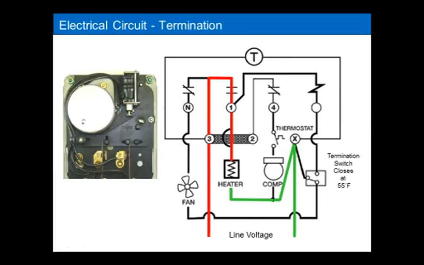So let's show you that in operation. So I've got to put voltage to this switch right here to cause these sliders to move, to break the heating circuit and make the refrigeration circuit. So when that switch makes, that solenoid is energized. When that solenoid is energized, it shuts the heaters off and it brings on my compressor.